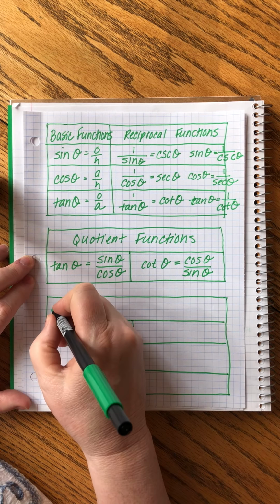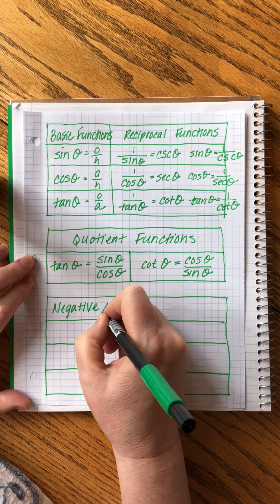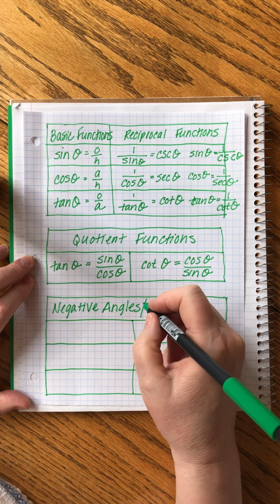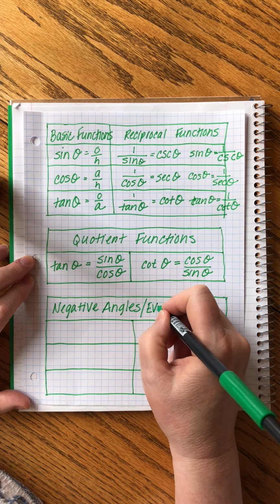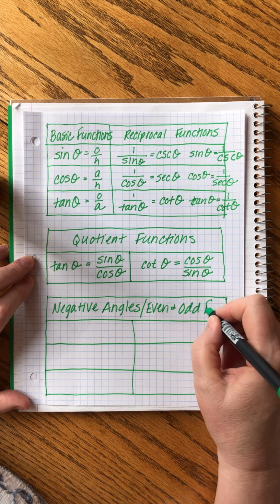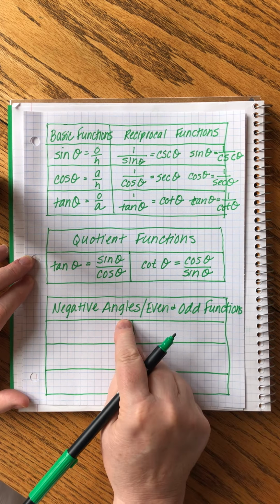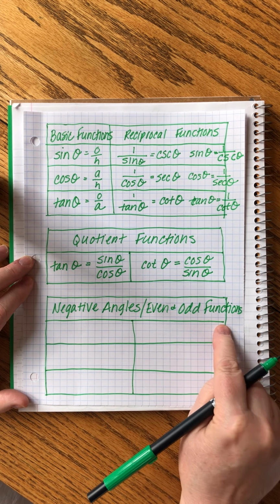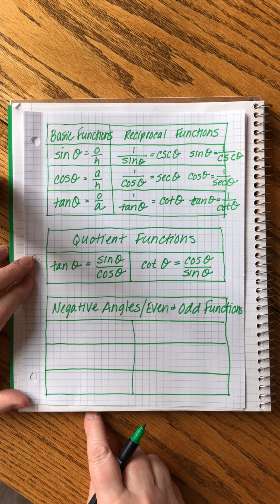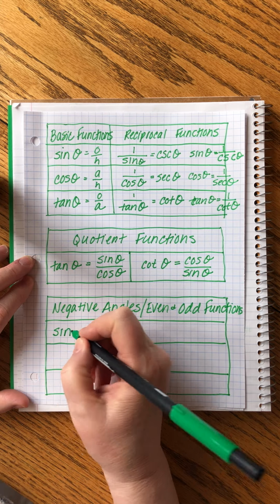And these are called, they have 2 names. Running out of room again. These are called negative angle or even and odd functions, all right? And we're gonna fill these in just a few minutes. It'll look like this.